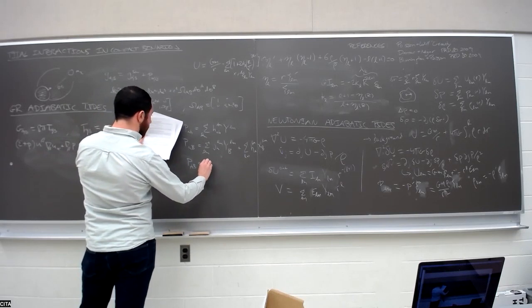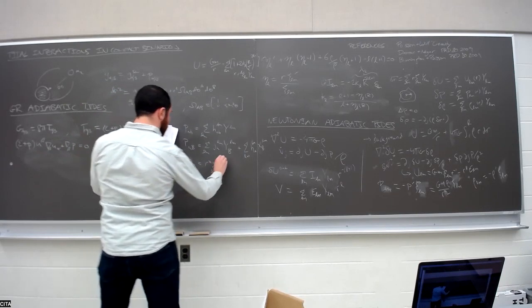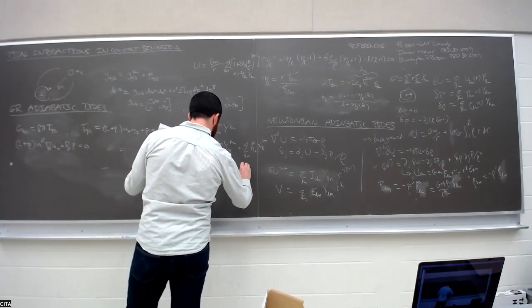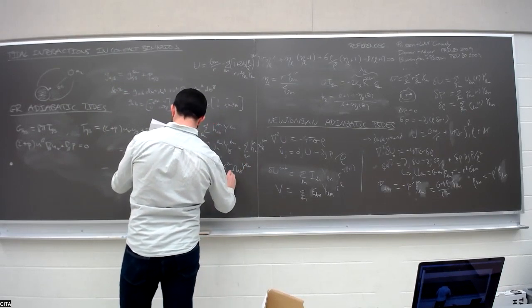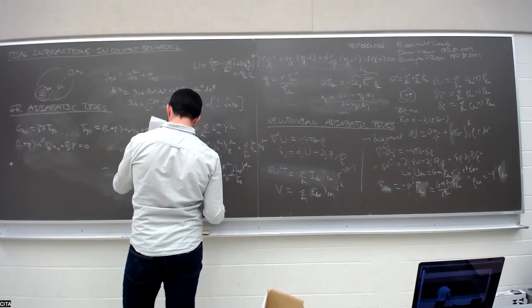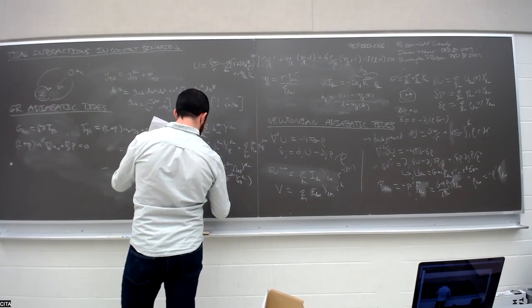Okay, and then we have the angular part of the perturbation, with different tensor spherical harmonics, which you can build out of derivatives of the vector spherical harmonics, basically.